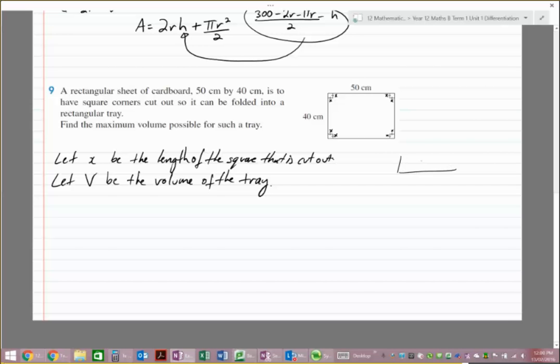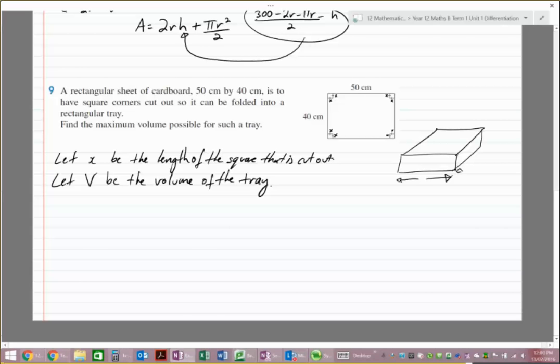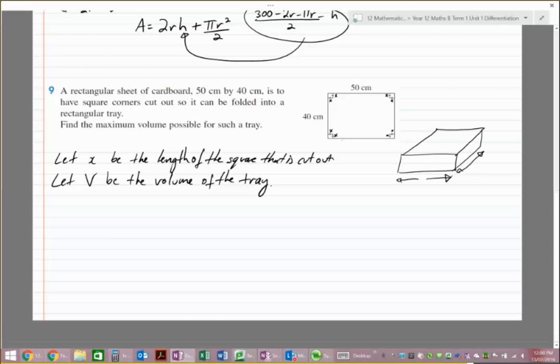I draw my tray in 3D. The dimensions of this tray are going to be, well, this distance here is the same as this distance here, which is 50, but I've taken away x from both sides. So it really has dimensions of 50 minus 2x.